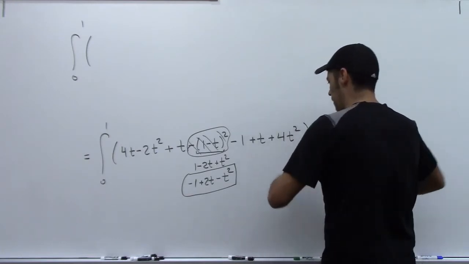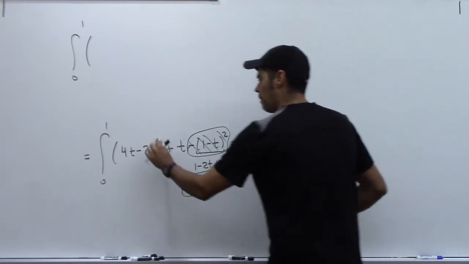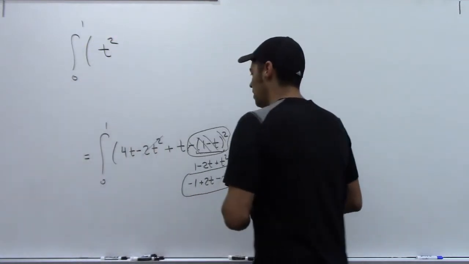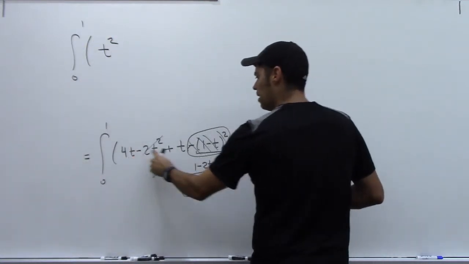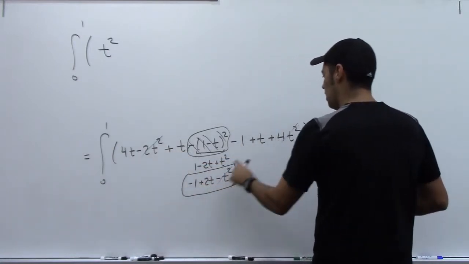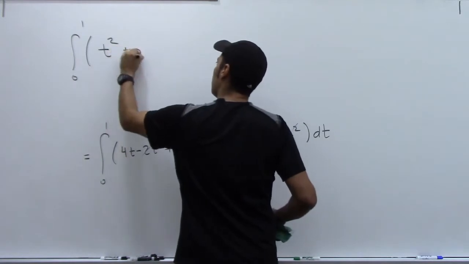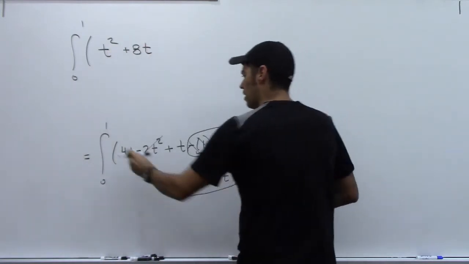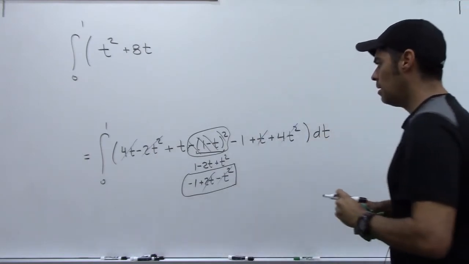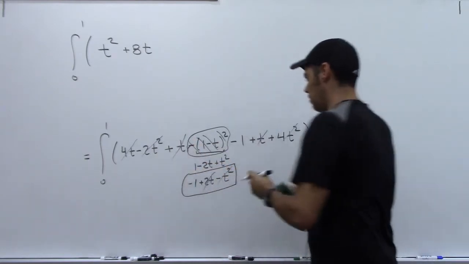So I should just get t squared. And then t's, I have 4t plus t is 5t, 6t, 7t, 8t. So my t's are done. And I forgot this t. There we go.